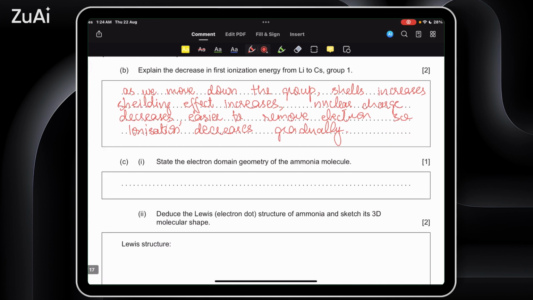That's the thing. State the electron domain geometry of the ammonia molecule. Now the electron domain, nitrogen has a lone pair. So tetrahedral, that's the geometry, and that's a lone pair.